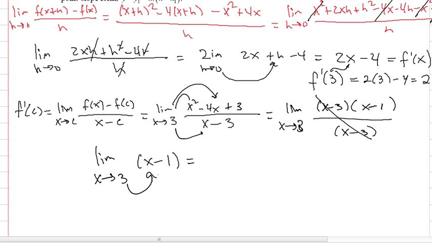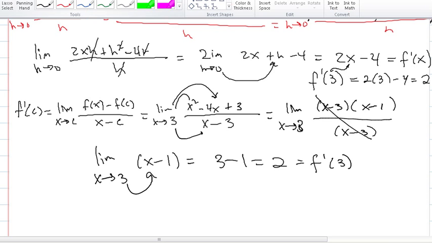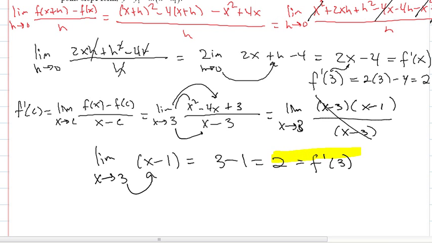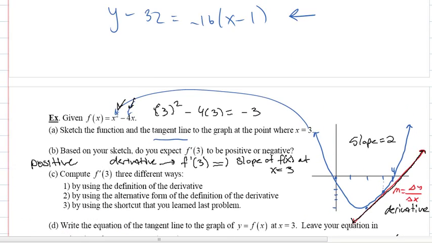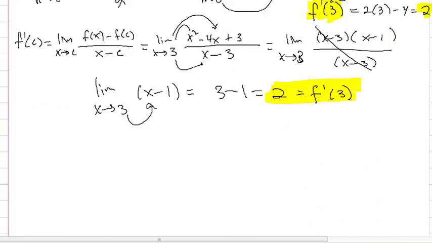Since we don't get 0 over 0, we get 3 minus 1, which is 2, and that is my f prime of 3. Notice that I verified it using the alternate form of the derivative and still got the same answer as with the regular definition. So this tangent line has a slope of positive 2.